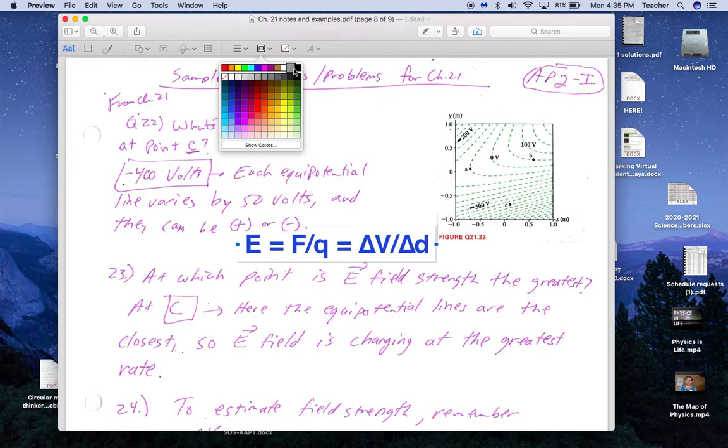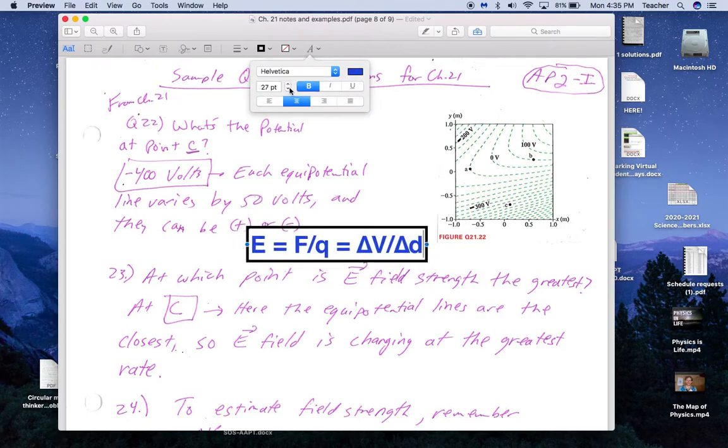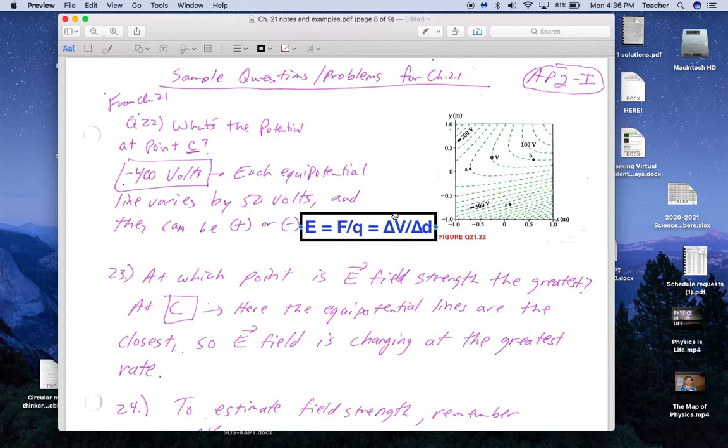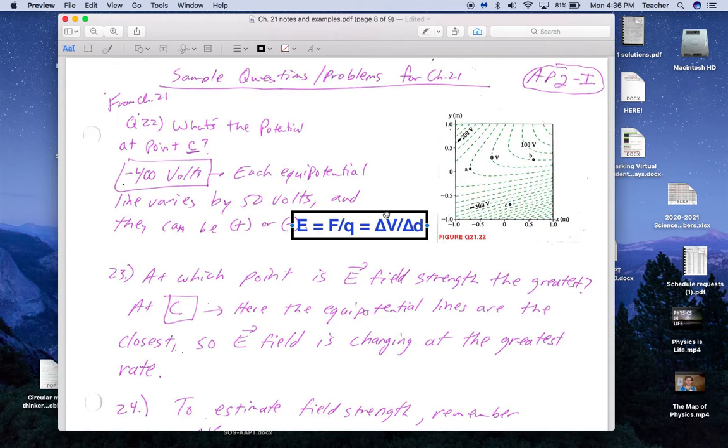So I'm going to shrink that down. In this particular case, I don't know why I'm moving this to weird places.